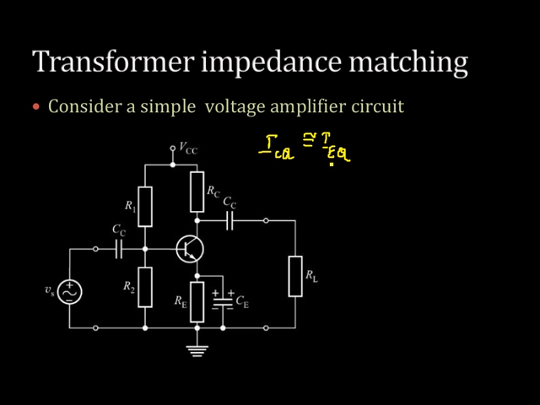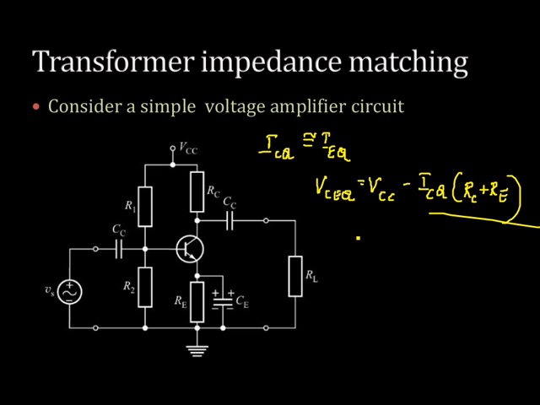Then the DC voltage available between the collector and emitter of the transistor, what is that? VCEQ, between the collector and emitter of the transistor, is VCC minus ICQ into (RC plus RE). This is the drop across RC and RE.